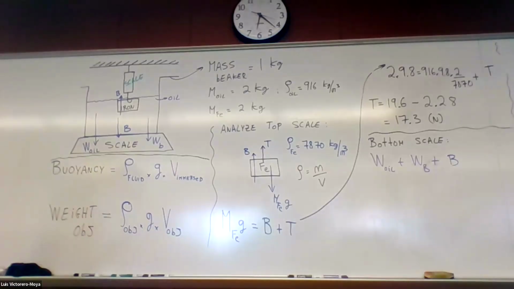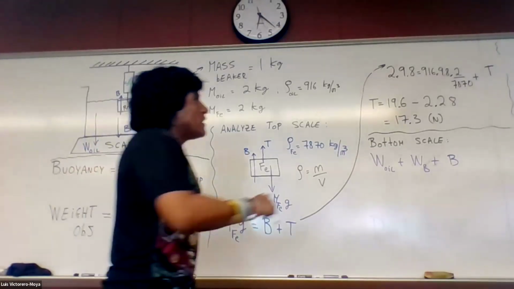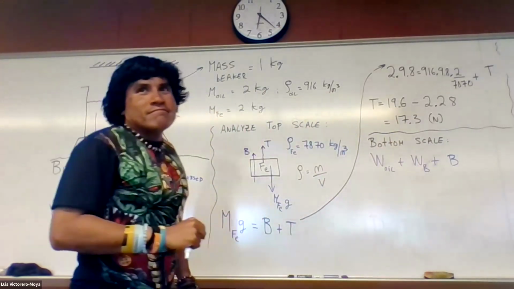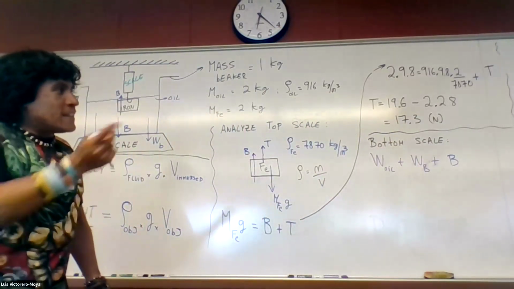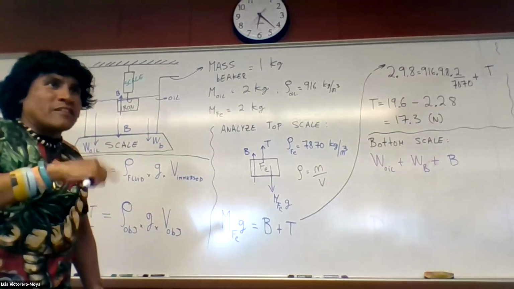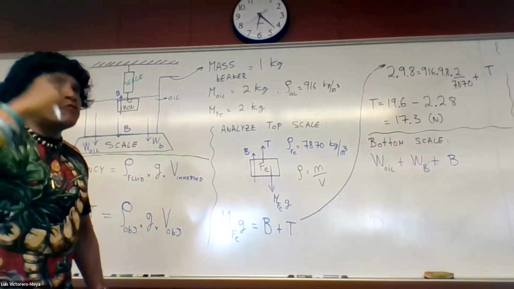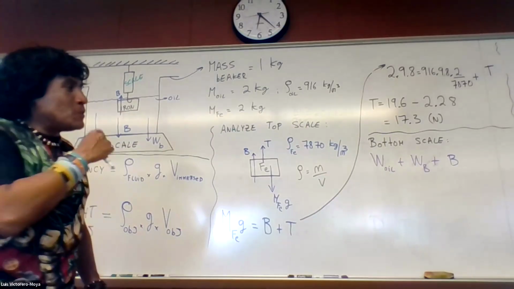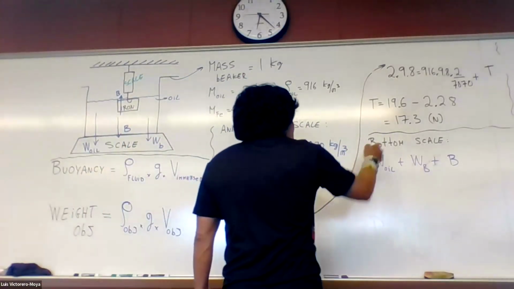So we just have to add the buoyancy. The weight of oil, the weight of the beaker, plus the buoyancy due to the oil, which we found here, 2.28. Remember, the buoyancy is equal to the weight of the displaced fluid. That's what you have to add in order to get all the weight on the bottom scale.